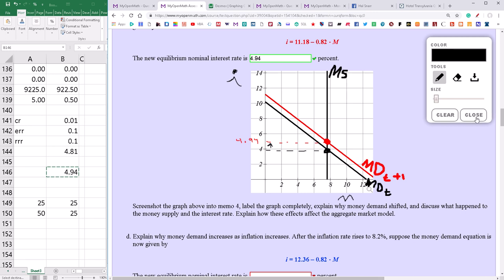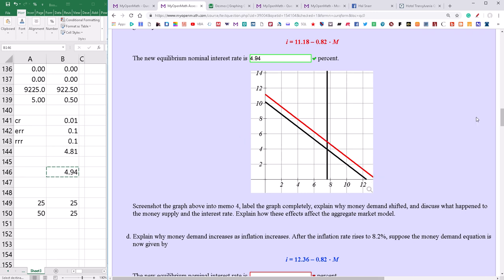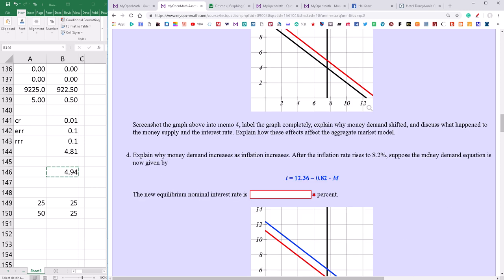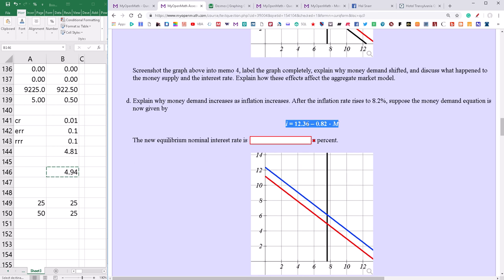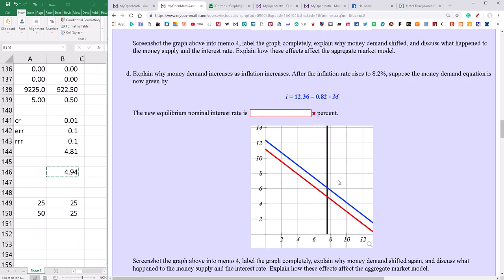So let's close that out. Now down here, suppose the inflation rate rises to 8.2%, right? This results in a new money demand equation, the blue one down here, right? So we've got 12.36 minus 0.82 times M. The interest rates are even higher.